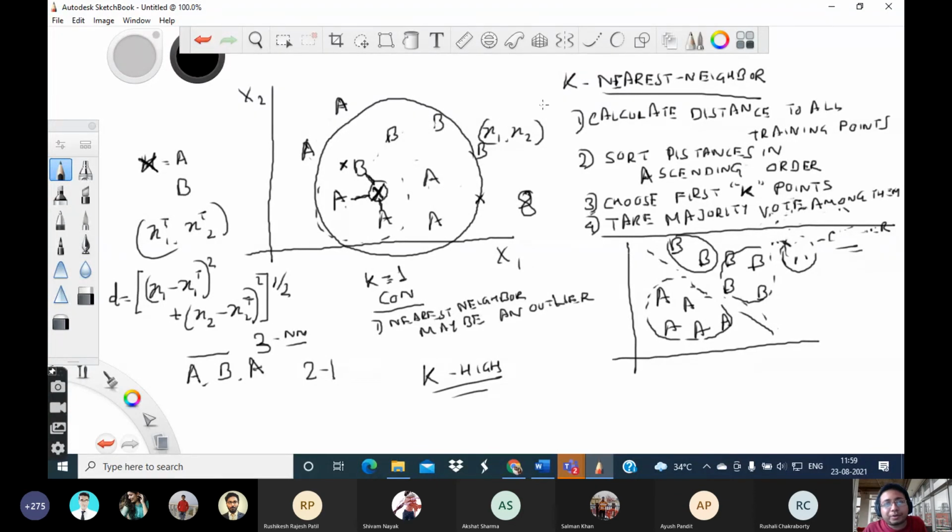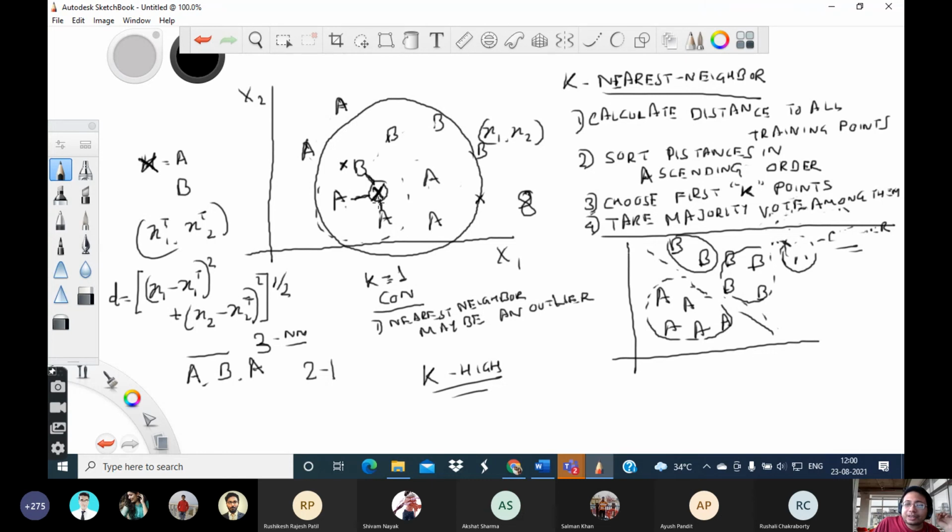When I asked you initially, these are the training points I have and this is the test point, these are the feature vectors of the test point, then suggest a value for me. Some of you spontaneously said it should be A, because most of the points around it are A. That's a simple answer you gave without getting into details of the algorithm. So what is the tacit assumption you made behind that?